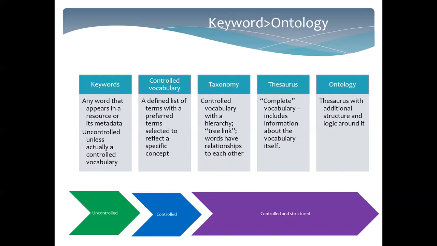So it does have some rules associated with it, but the text itself is free text, meaning that we enter that text following specific rules. So a keyword is uncontrolled. There's no structure or real framework around it. There's no preference for which term would be chosen over another term.